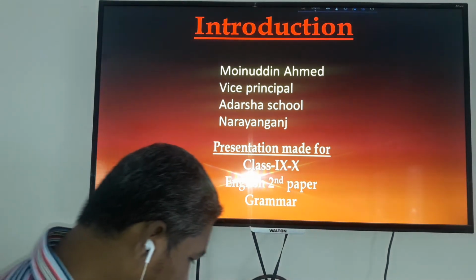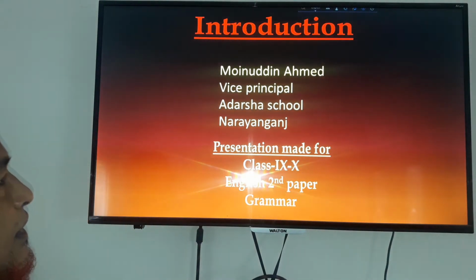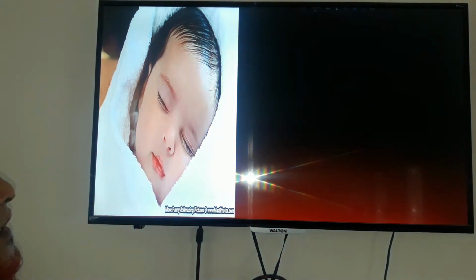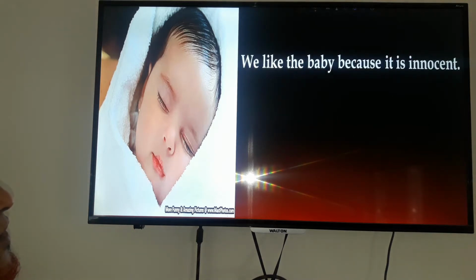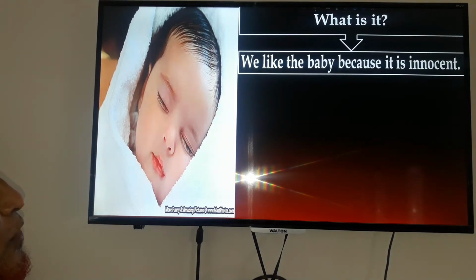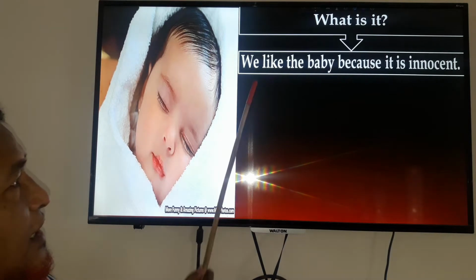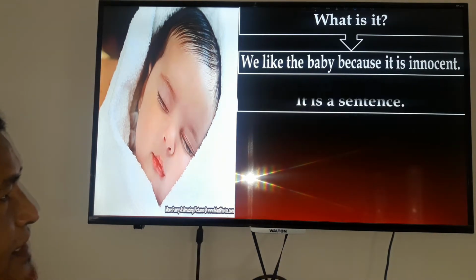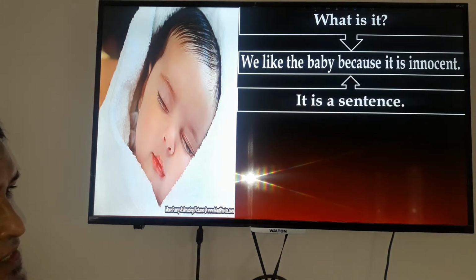First of all, the identity of me. What do you see on the screen? I think it's an innocent baby sleeping. So we like the baby because it is innocent. Why do we like the baby? Because it is innocent. What is it? I think it's a sentence.